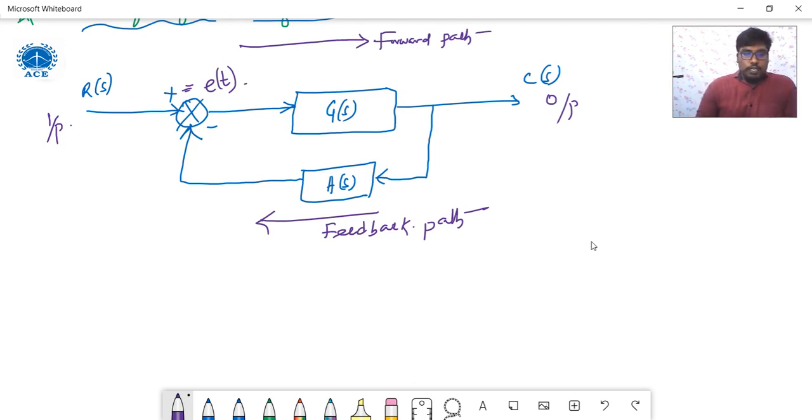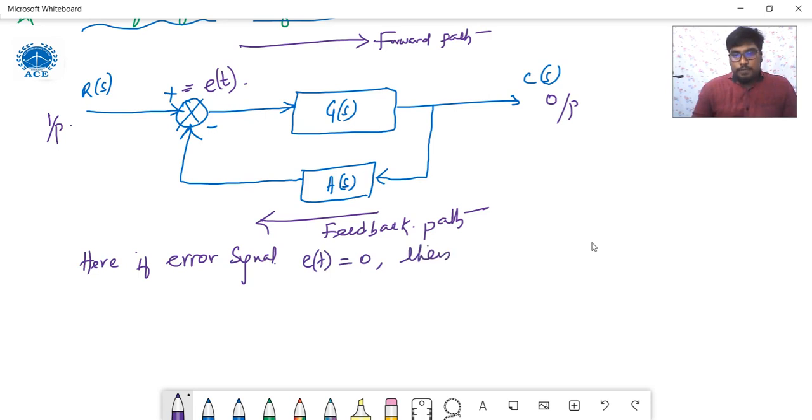So here, if error signal E of t is equal to 0, then the output is controlled. Which means what? Whatever the input, there is no error between input and output, then automatically our output is the controlled or desired one, right?